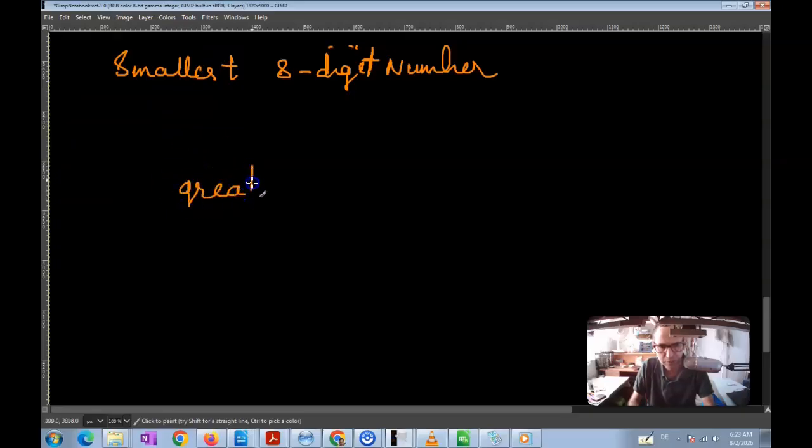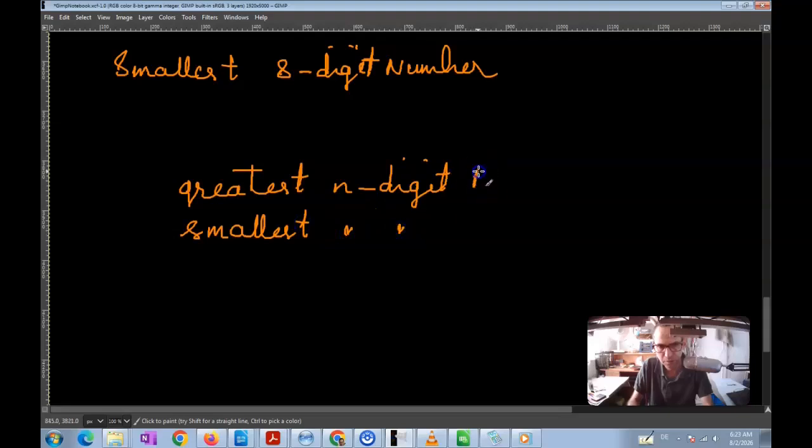the greatest n-digit number, or the smallest n-digit number, right? Whenever we have the greatest n-digit number, n could be any number, meaning 5-digit, 6-digit, 7-digit, whatever that might be.